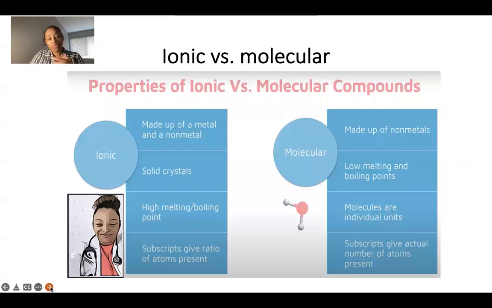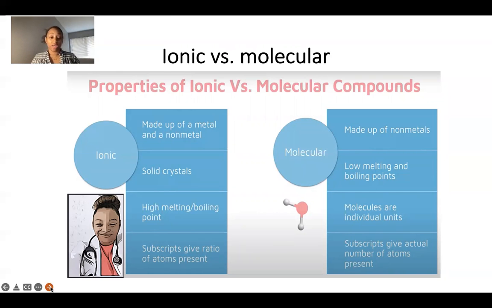Okay, so when we're thinking about ionic versus non-ionic or molecular compounds, this is also important to know because when you start naming compounds, you're either going to classify them as an ionic compound or a molecular compound.